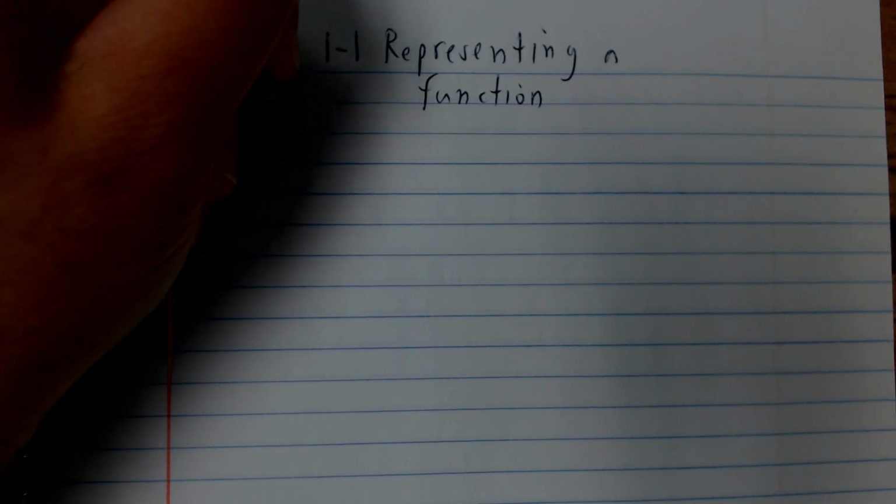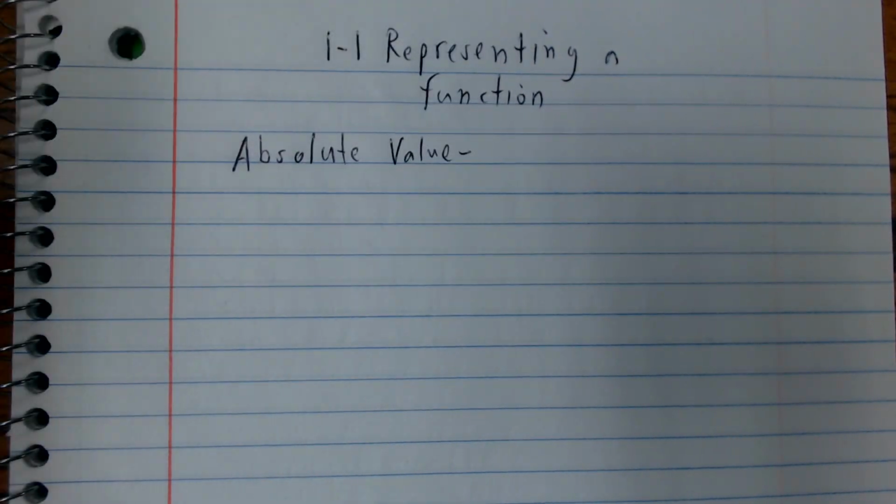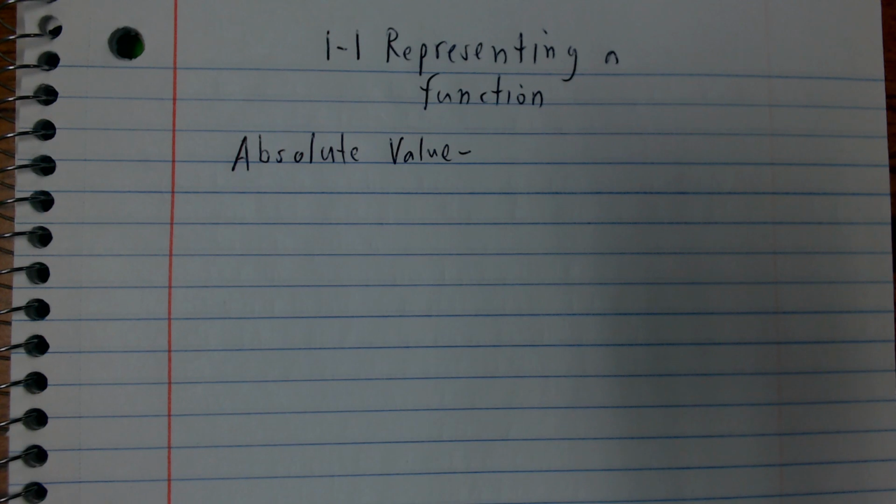As you remember from previous years, the absolute value is described as the distance from the origin to a certain point, and therefore absolute value is always a positive number.